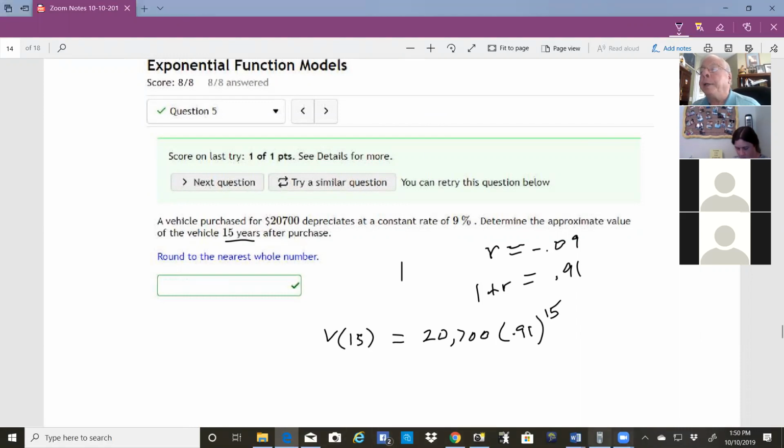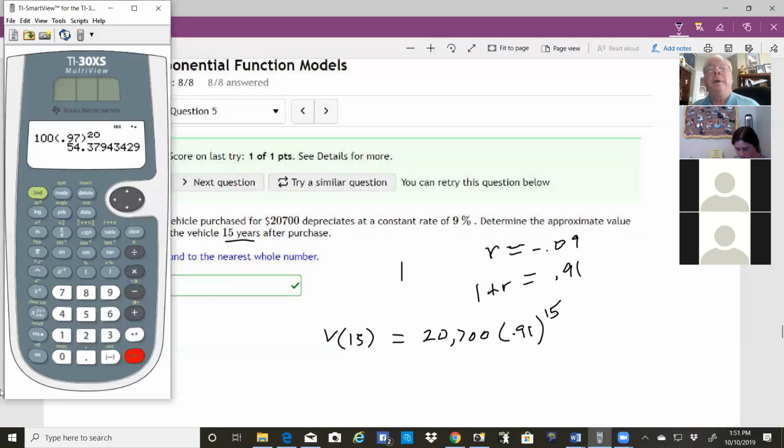So let's put that in the calculator. $20,700 times 0.91 to the 15th power.